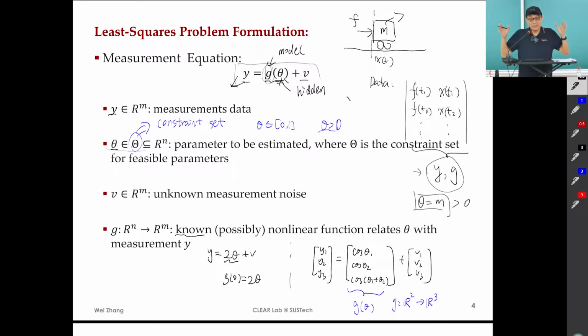Because it's a mass. So theta has to take values within some constraint set, which we call capital Theta here. So the entire goal is how do we set up an optimization problem for which we can find the best estimate of theta given the data I listed here. You will see that later in this class, even today. All right, let's take a break.